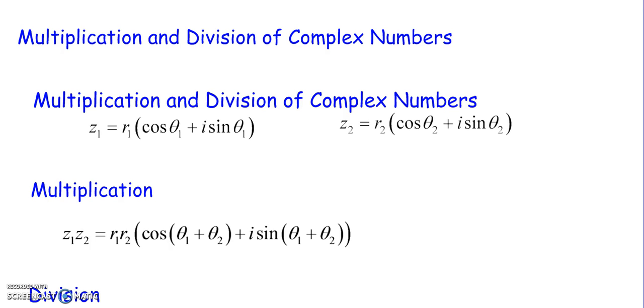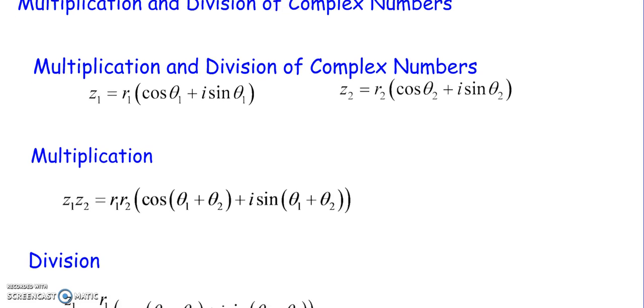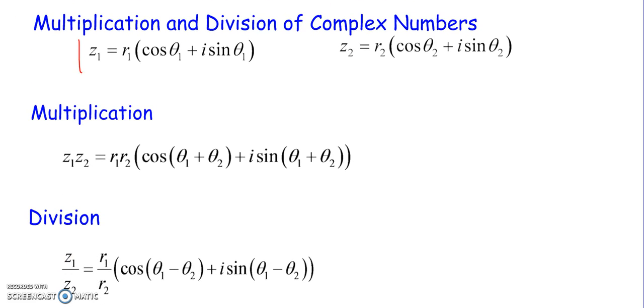All right, so next up, there are some properties to multiplying and dividing complex numbers that, when they are in trig form, make it extremely easier to multiply these numbers. So what we're going to have for these two formulas, Z1 and Z2, that's what they're going to be defined as.